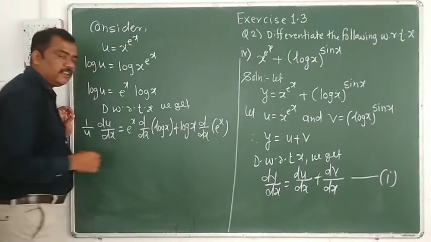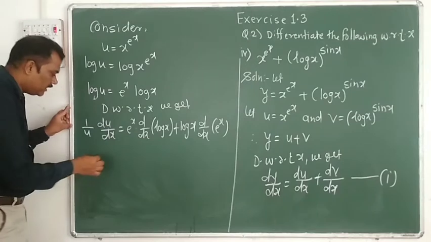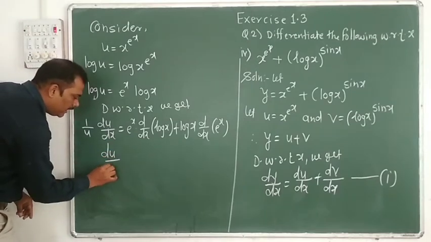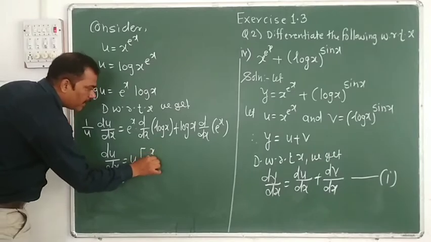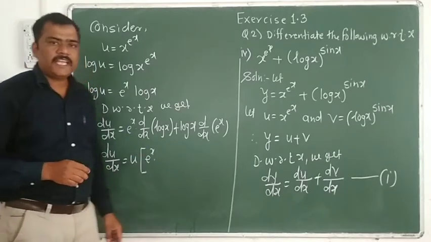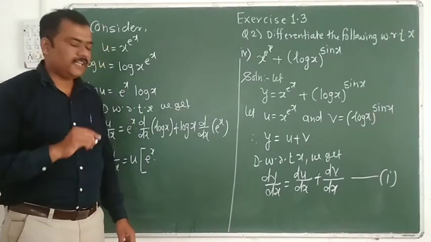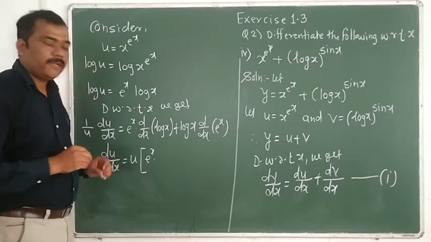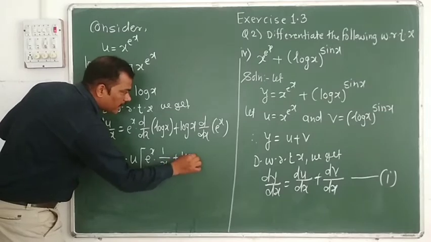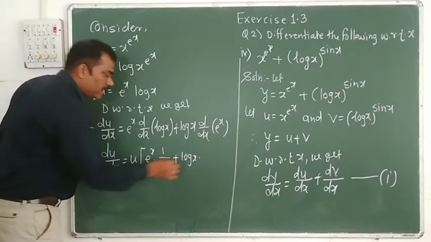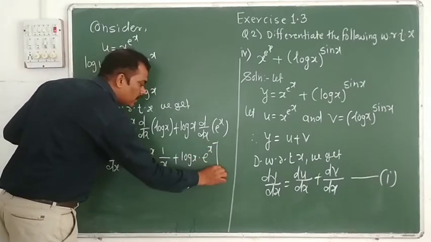All these are standard functions. So du by dx is equal to u into bracket e raised to x into, what is the derivative of log x? Correct, it is 1 upon x, plus log x into, what is the derivative of e raised to x? Correct, e raised to x.